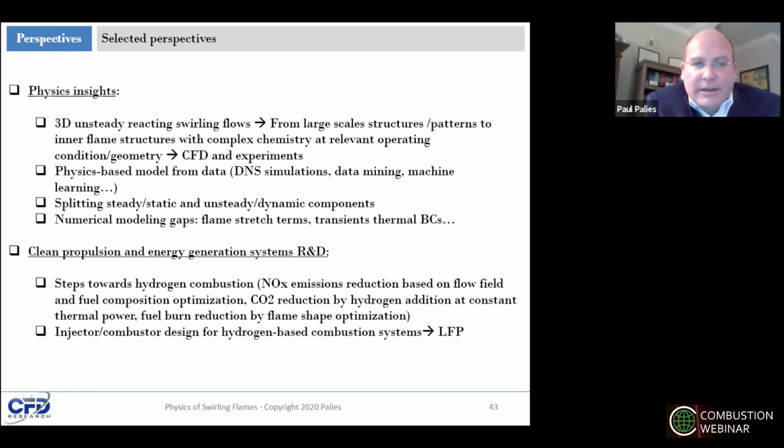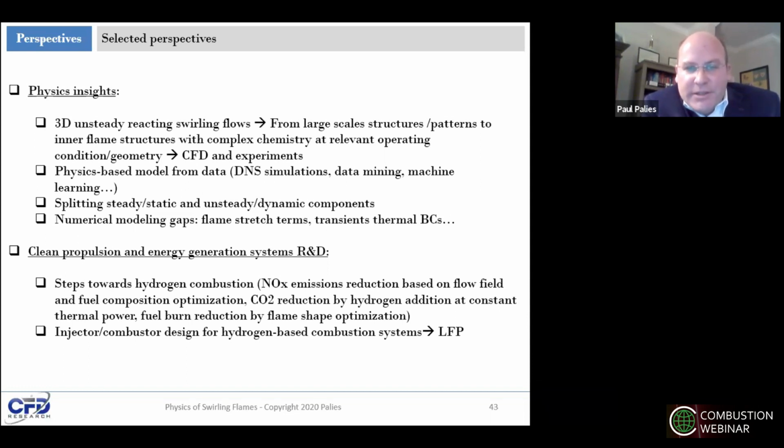So we need highly resolved simulation. We need to extract physics-based models from this data. There is an avenue with machine learning and data mining on generating this data. I talked about splitting steady static and unsteady dynamic components today.